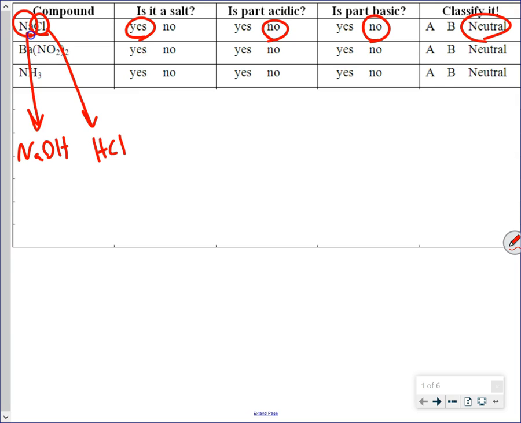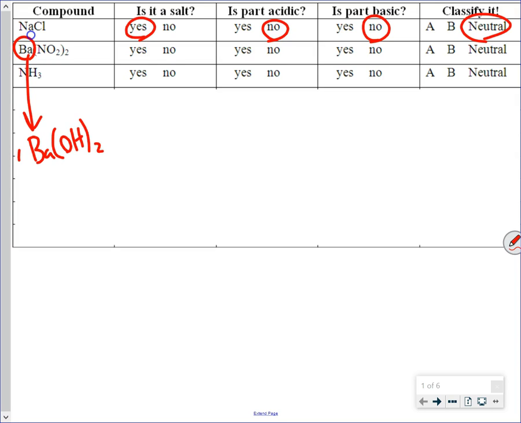So let's look at the second one. That's barium nitrite. So in barium nitrite, if I look at my barium, that comes from barium hydroxide. Barium hydroxide is strong. Therefore, that barium ion will not have any effect on pH. The nitrite comes from nitrous acid.